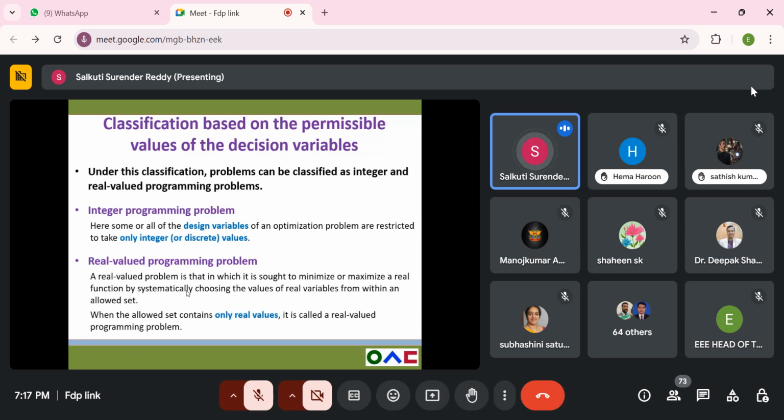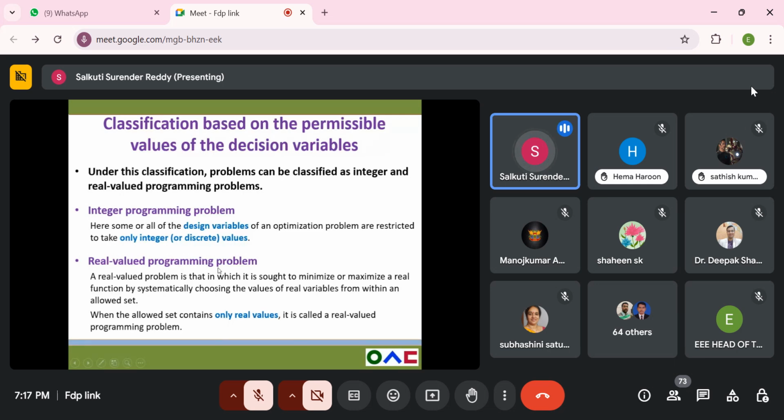If you see classification based on permissible values of decision variables, that means your decision variables or control variables may be integers or discrete values, then you can use an integer programming type of problem. But if your decision variables are only real values, in that case, you can use a real valued programming problem.